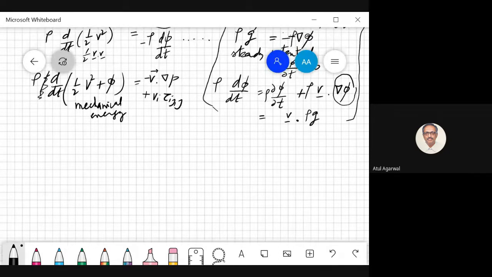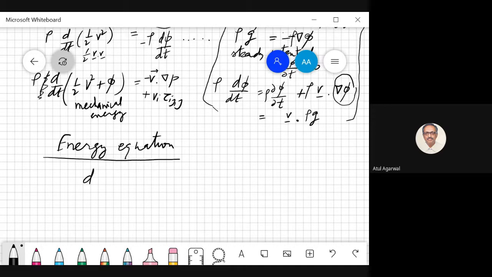Now let us go to the energy equation. So you see there is the law of conservation of energy. What is the first law of thermodynamics? So this is work done. This is heat transfer.